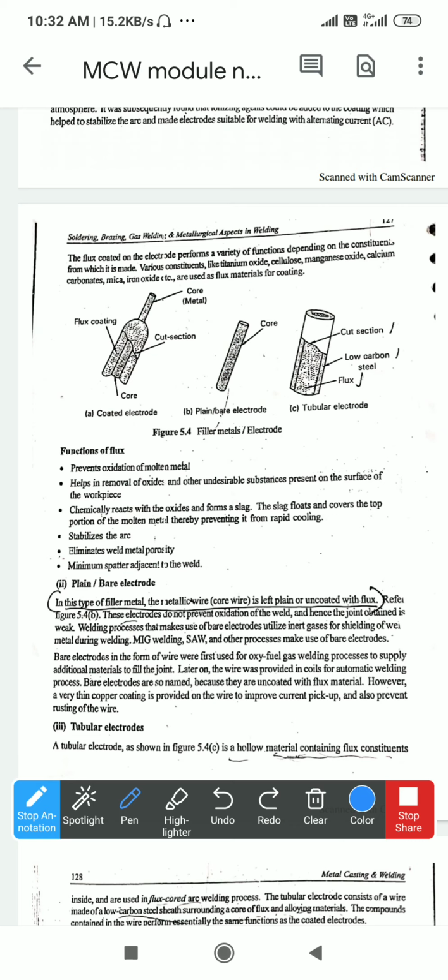Entering of atmospheric gas into that fusion material is called oxidization. Next, it helps in the removal of oxidization and other undesirable substances present on the surface of the workpiece. You have seen in the foundry section, in the furnace, the slag coming out, which is the waste of the molten metal.